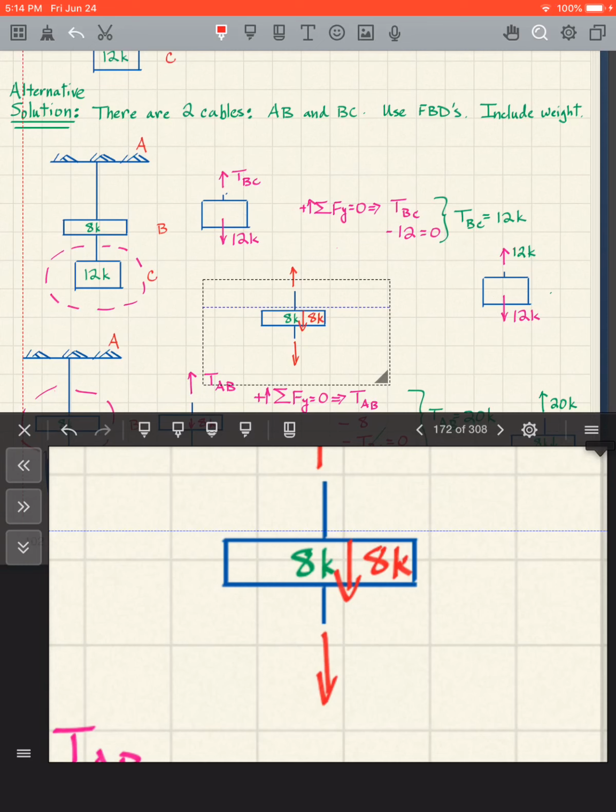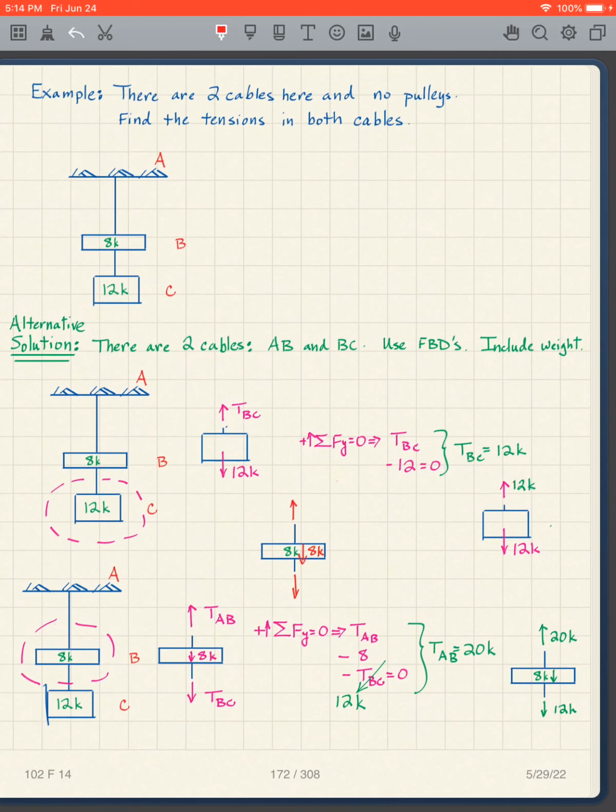Tension is away from the body. So the fact that this is going down means nothing. It just means it's tension. So we have to follow our rules. Now, we've already determined that the tension in TBC is 12. So I can put that right in there.